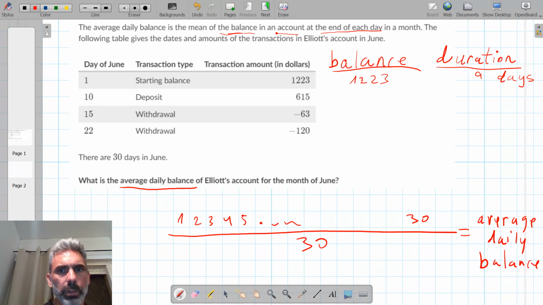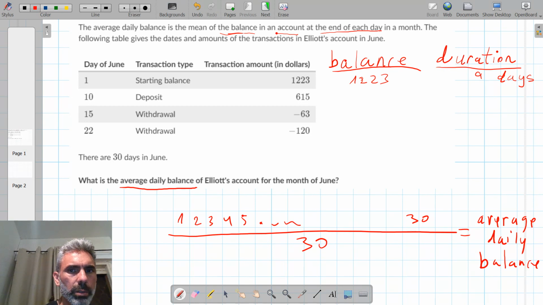Okay, so 9 days because we don't count June 10th, because on June 10th Elliot made a deposit, so on June 10th the balance has changed.